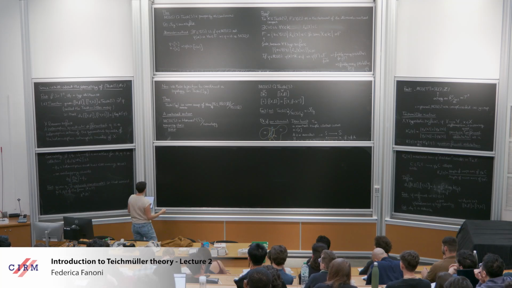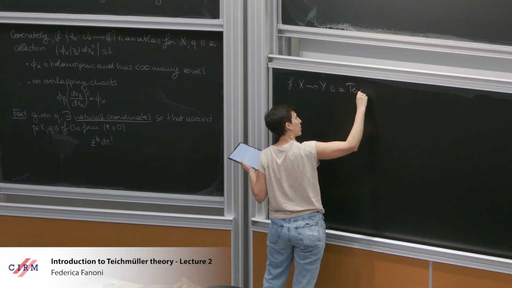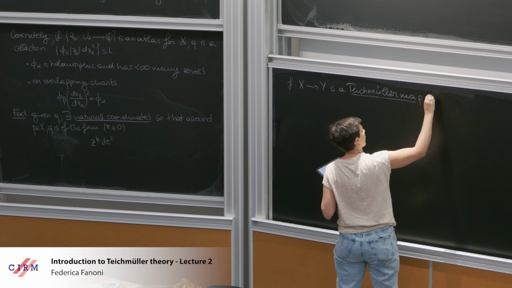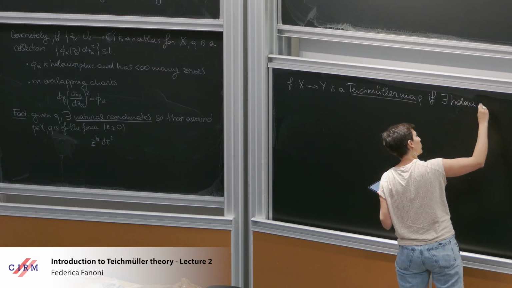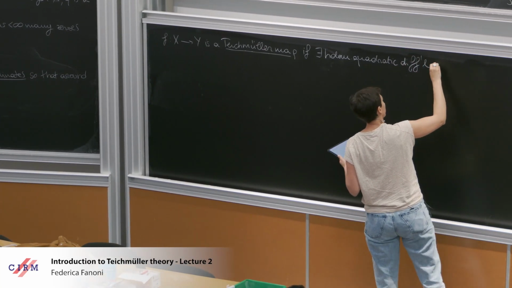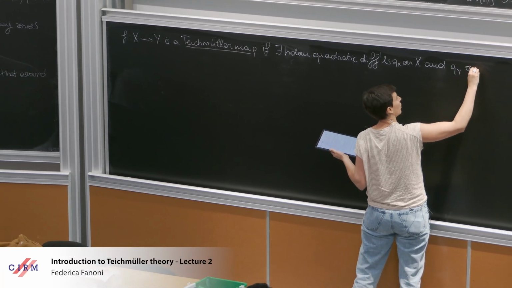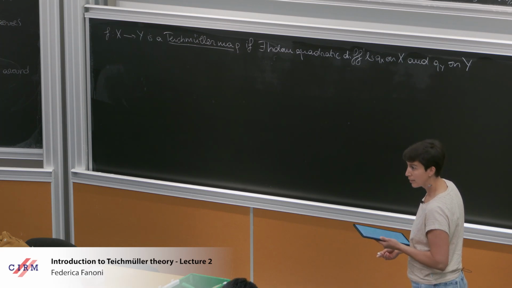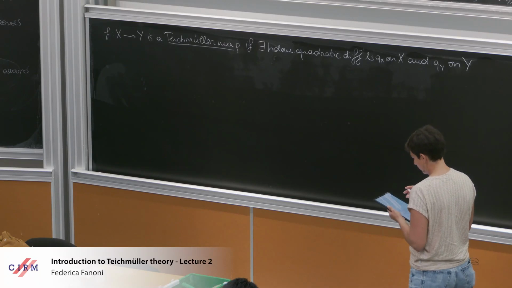Okay, so let me tell you what a Teichmüller map is. Something is a Teichmüller map if there exist holomorphic quadratic differentials Qx on X and Qy on Y. Now, once I have these holomorphic quadratic differentials, I have natural coordinates, and I want the Teichmüller map to be of a nice form in terms of these natural coordinates.